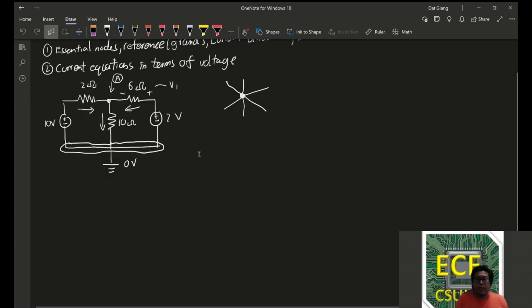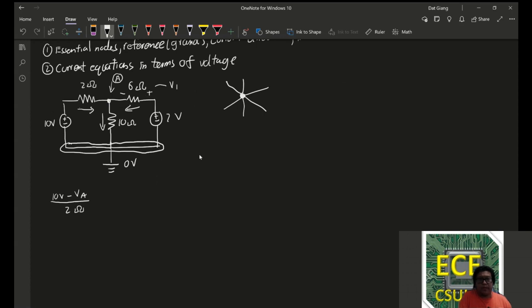Okay? So from here, we set up our current equations in terms of voltage. So what does that mean? The definition of current is the difference between high potential and low potential divided over the resistance. In this case, this is signified by the current direction. So we have 10 volts minus the voltage at node A divided over 2 ohms.